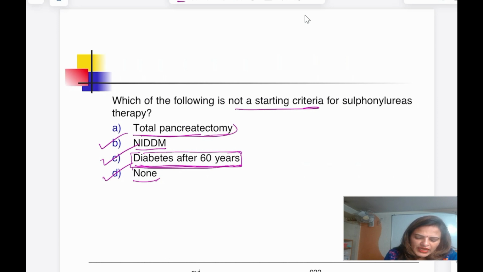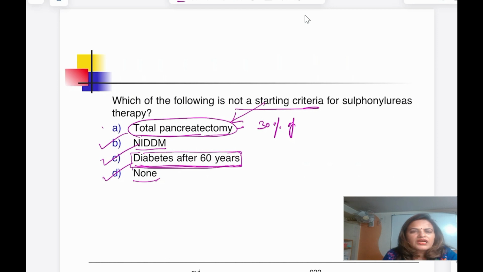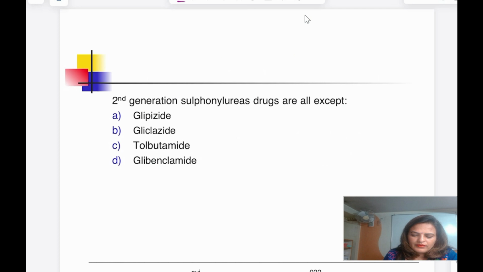Then, for the action of sulfonylurea drugs, we need 30% intact or functional islets. So this is the correct choice, which is not a starting criterion. If the pancreas has been removed by surgery, we cannot start this group of drugs.